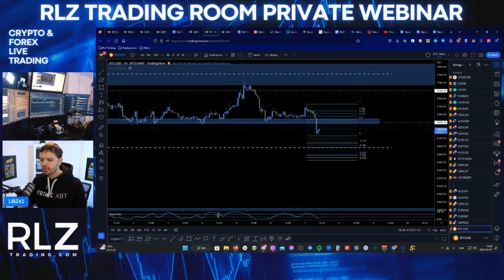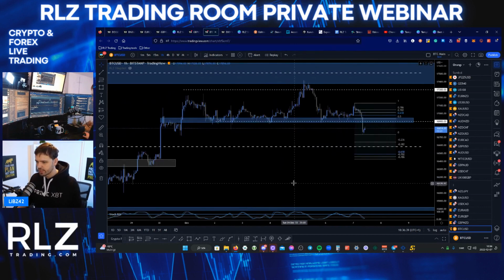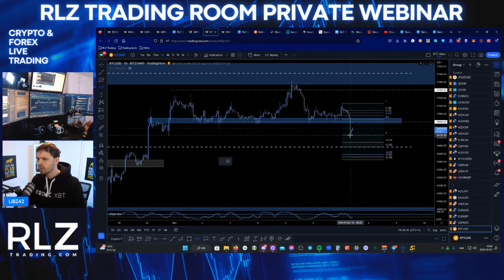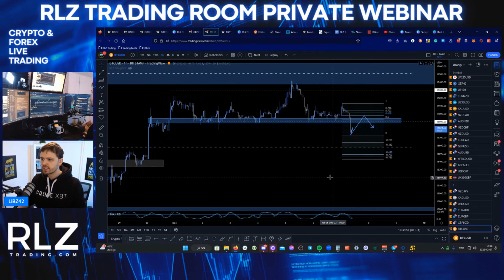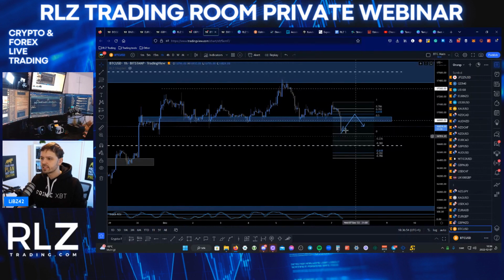Now what I'm thinking is, for a possible short setup, you might want to wait for Bitcoin to come up and test this area, or maybe even up here. Maybe a wick or a candle up into this area, testing the 0.618. Now the way I would trade this is, let's see how the moving averages on the 1 hour look right here.